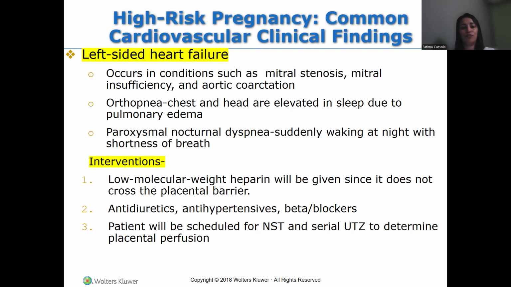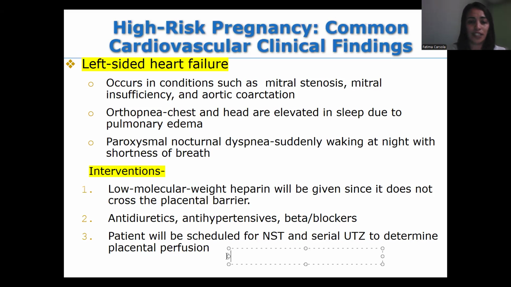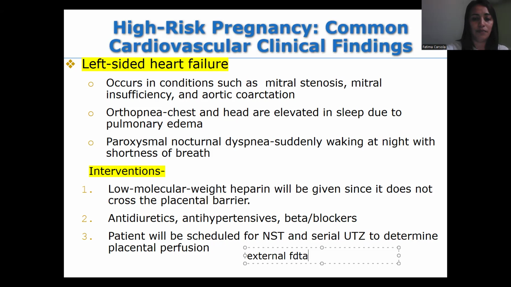Patient will be scheduled for non-stress test. Again, what is your non-stress test? This is what we call sometimes your external fetal monitoring with the use of your cardiotocography machine, or your CTG.